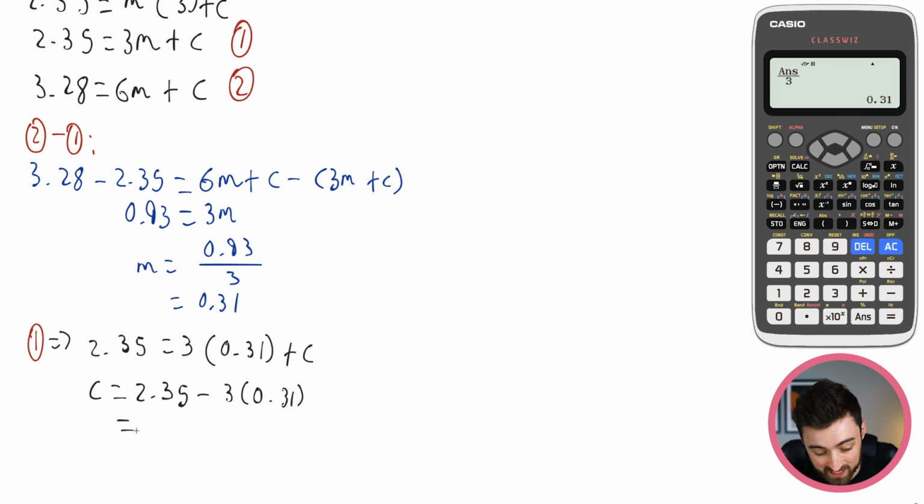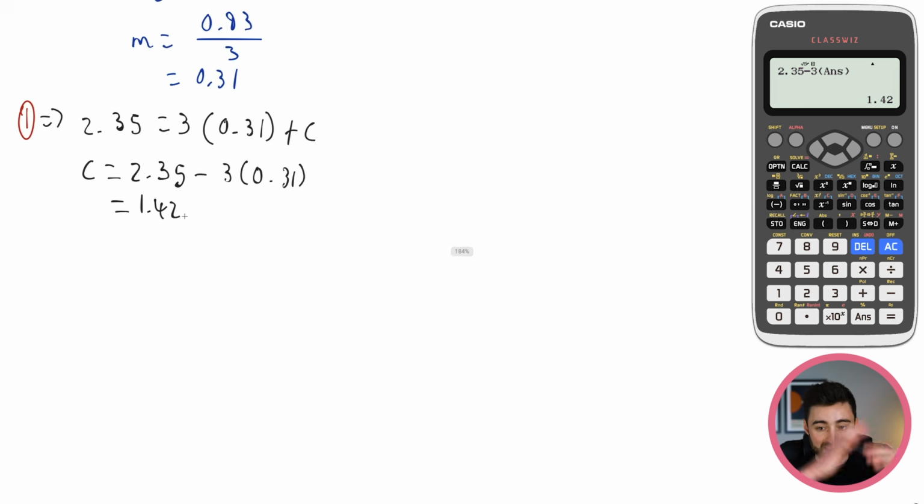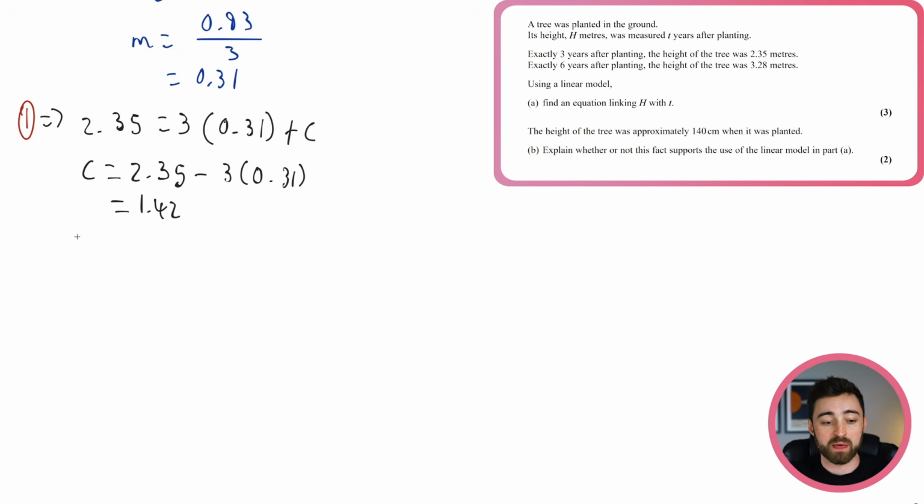Sick. 0.31 is still my ans, so if I do 2.35 minus 3 ans, that should get me c as 1.42. Therefore, my final answer here would be what? It would be my linear model that tells me the height of this tree after a given amount of years is h equals 0.31t plus 1.42. Cool.